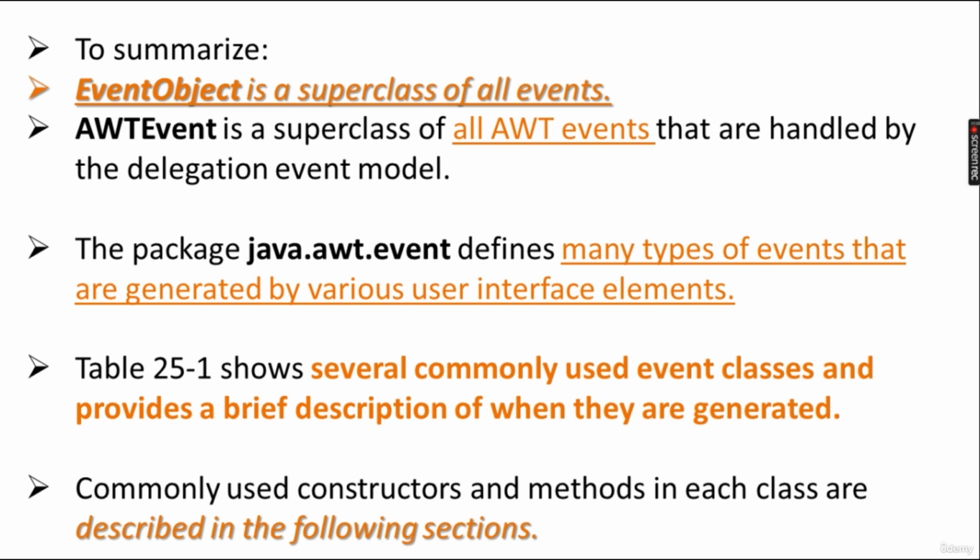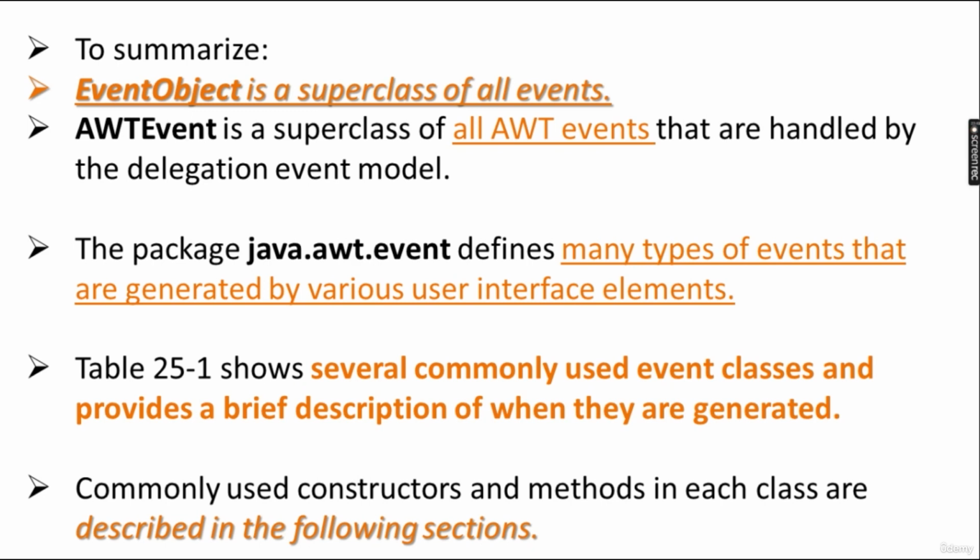The package java.awt.event defines many types of events that are generated by various user interface elements. Table 25.1 shows several commonly used event classes and provides a brief description of when they are generated.